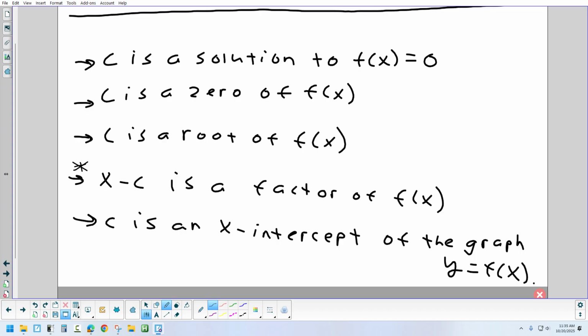Think of it like this. If I tell you 3 and -4 are roots to a problem I'm thinking of in my head, you automatically know the factors. If 3 is a root, what's a factor you could give me, linear factor, that you could plug 3 into for x and make it come out to 0?